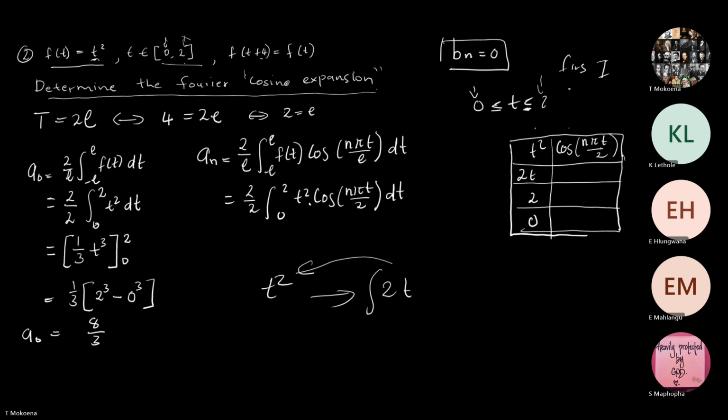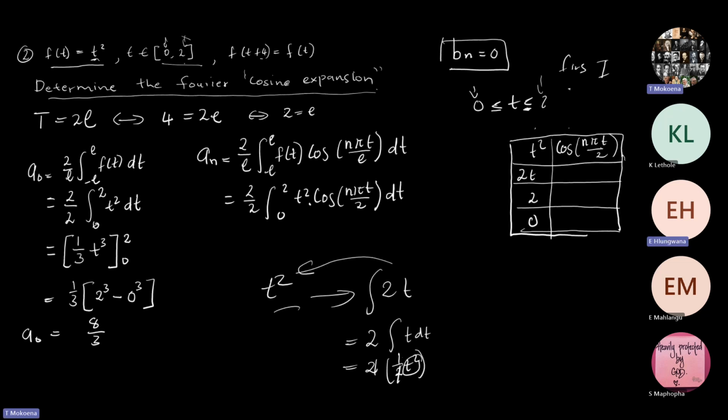When you integrate 2t, you take the constant outside, and then integrate t, which is 1 over 2 t squared. Therefore, the 2 cancels, and you're left with t squared.